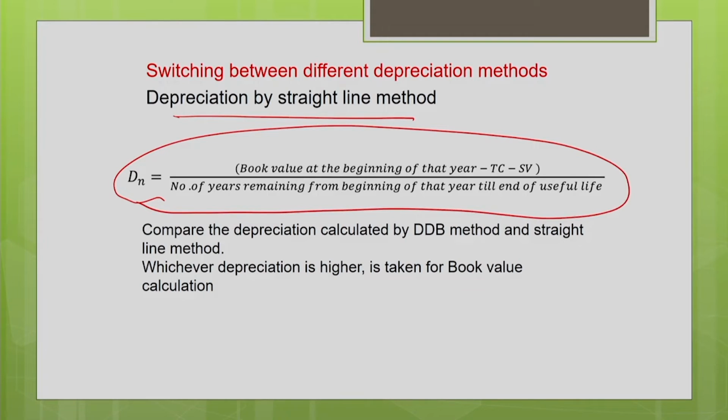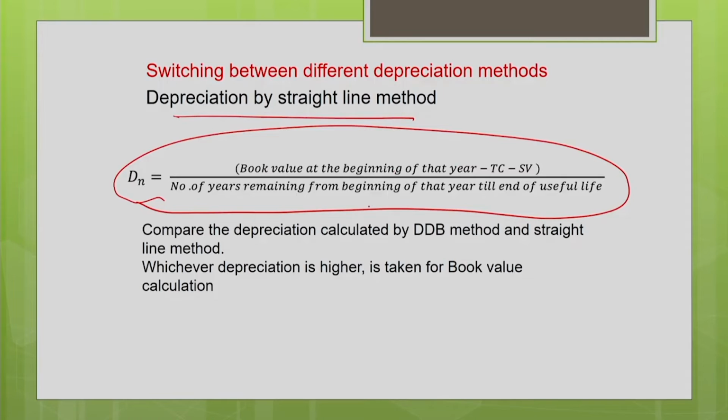So in your regular straight line method, for the depreciation we take the initial cost. Here we are taking the book value at the beginning of every year. For every year we are calculating the depreciation, and that is going to be different here, and we have to estimate the book value at the beginning of every year for the depreciation calculation.